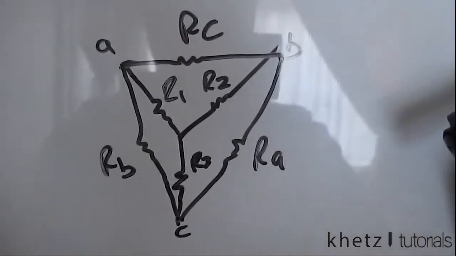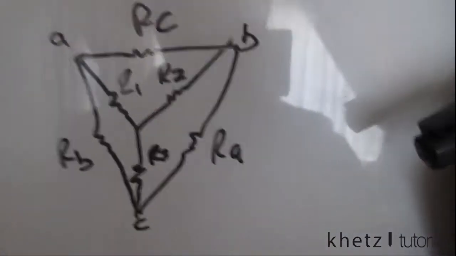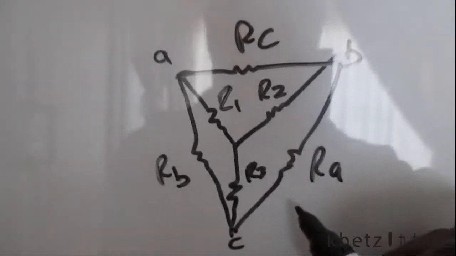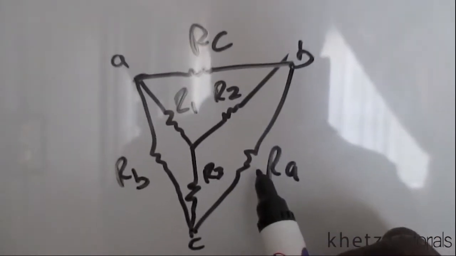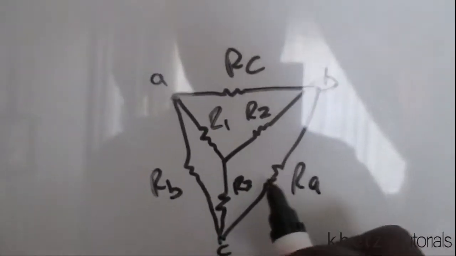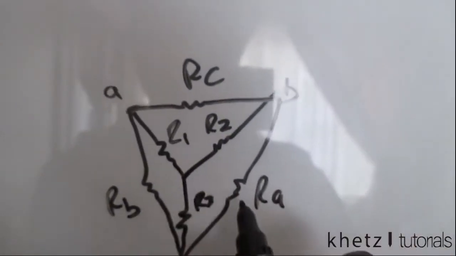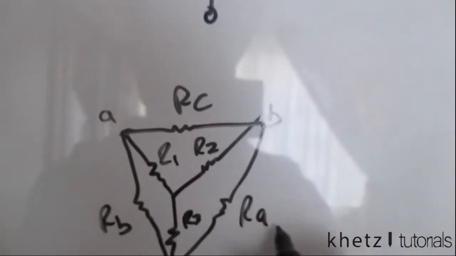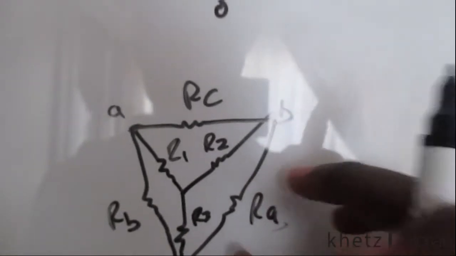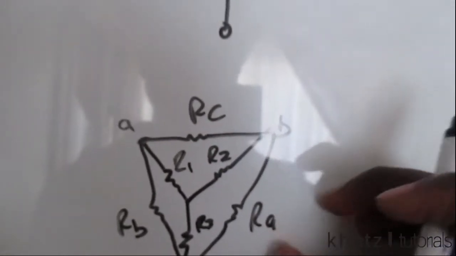So to remember the formulas, here's what you do. Let's start with RA. What you do is you look at the resistor which is opposite RA, or the element which is here, whatever name you give to it.